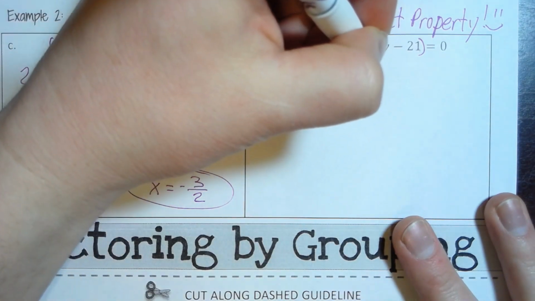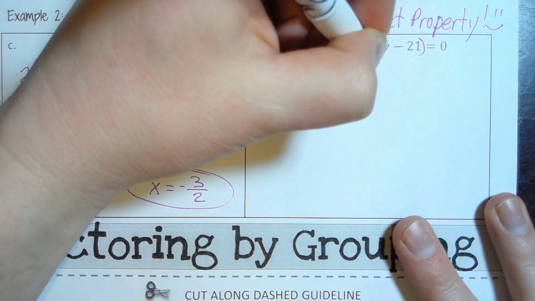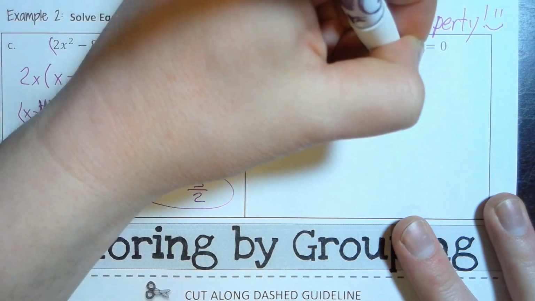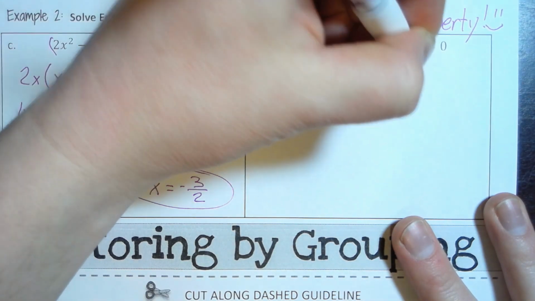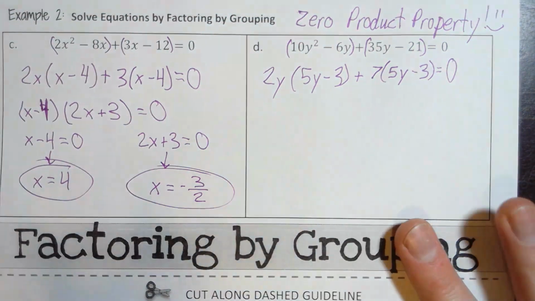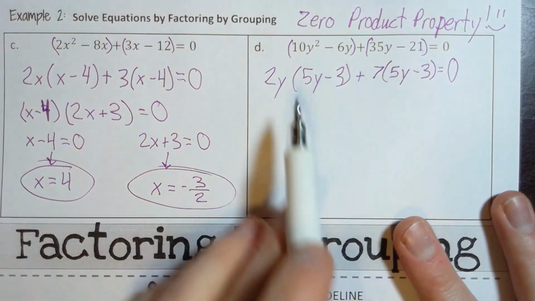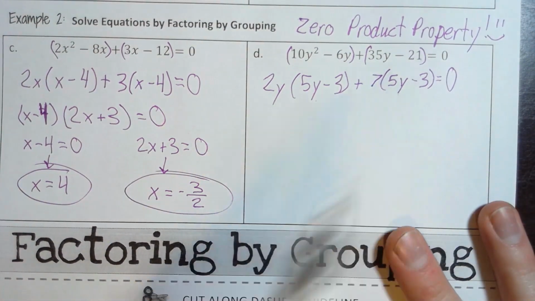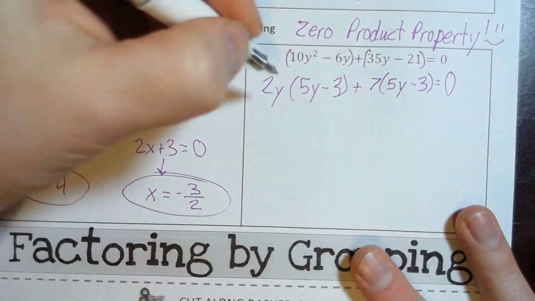Let's go with 7. So this is 5y minus 3. Oh my goodness. If these aren't the same, we've done something wrong. Don't try to make them the same. If you get to the end and they aren't the same, you know you need to go back and figure out what you did wrong, okay?